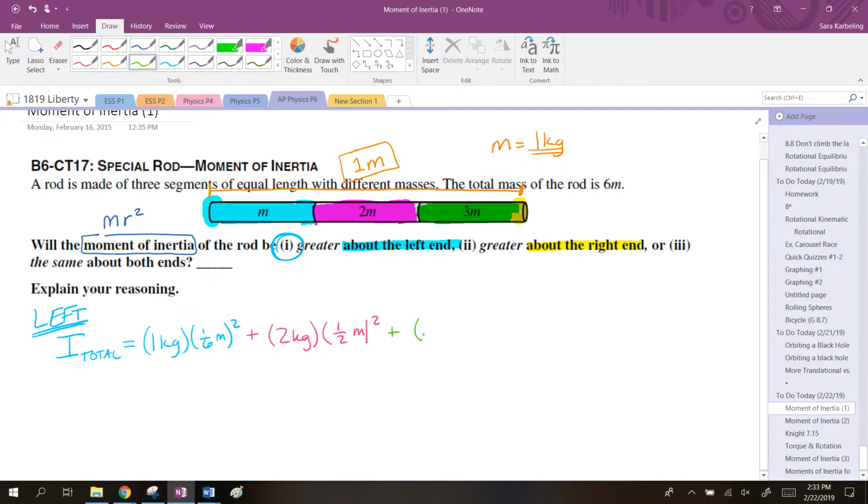We're going to add another, how many kilograms is that one? 3 kilograms. And how far away from the axis of rotation is that center of mass? 5/6 squared. So if you have a calculator, you can get it out and do that. What is that total moment of inertia about the left side?